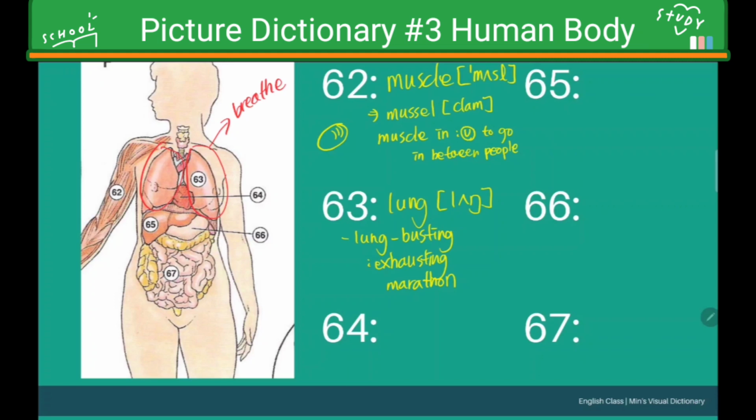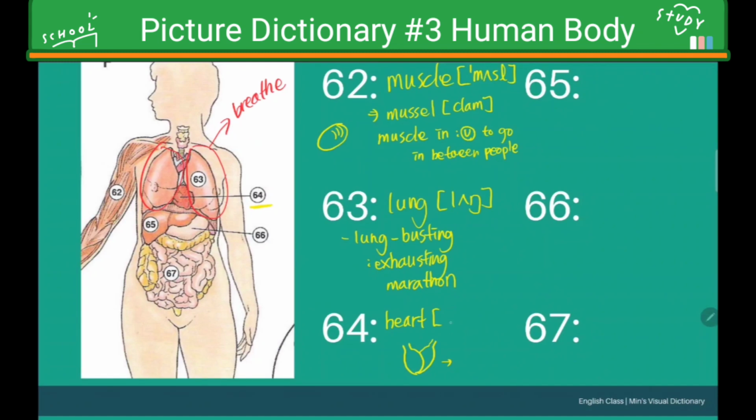And 64 is over there. So 64 is these, basically our heart. Heart.